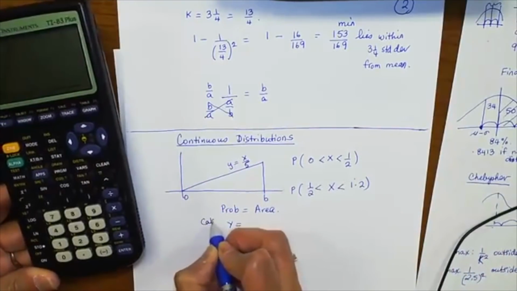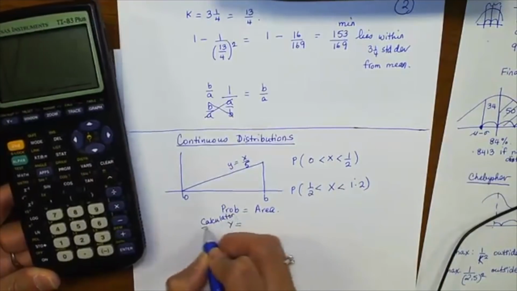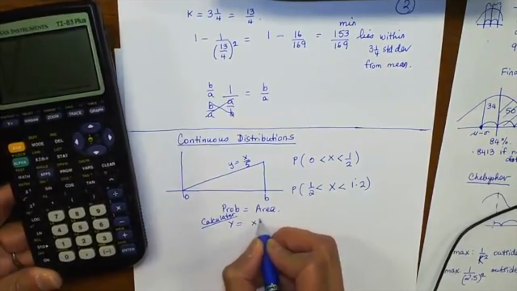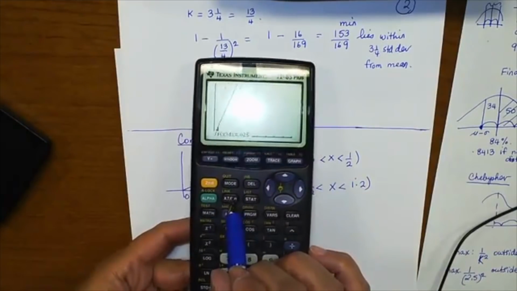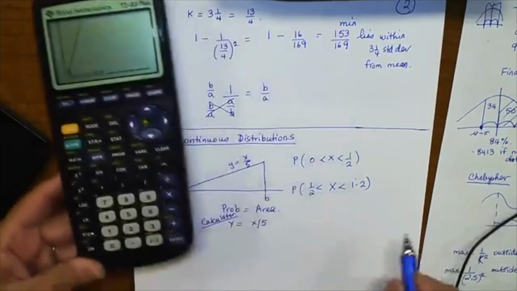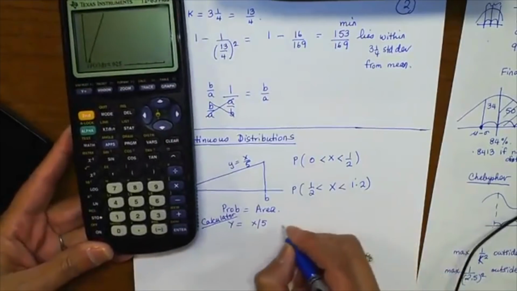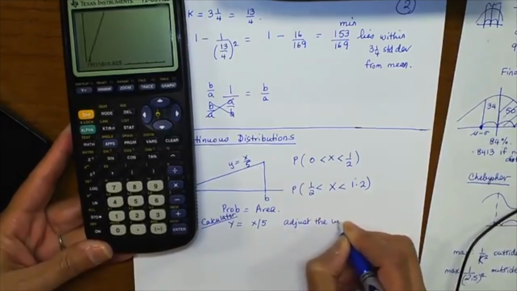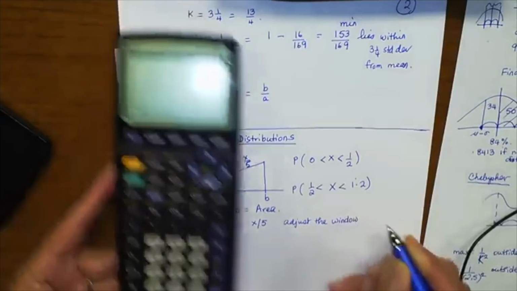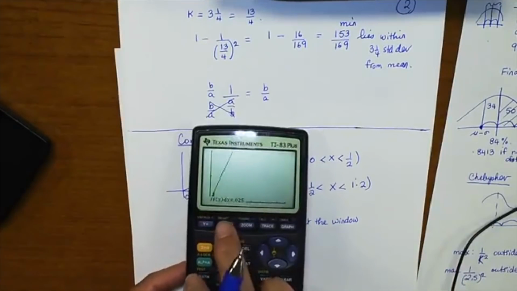Y equals, put the function in, x over 5. Here, this is where you find the x, right? Right there. And you might want to adjust the window if you had to. And this is where the window is right here.